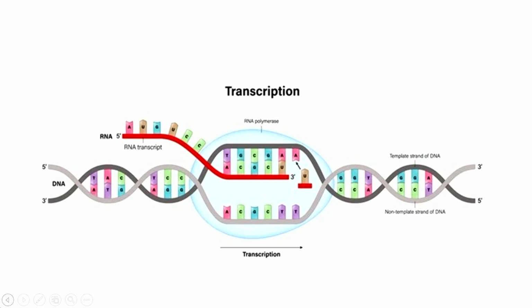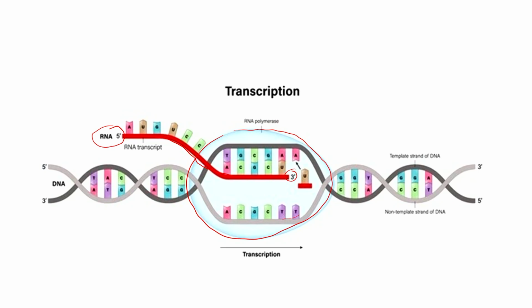This is once again to show you the same thing: this is the DNA that is opened, and this is the RNA polymerase that is synthesizing the RNA, and this is the new RNA that is formed. So, this is the 5' side of the nascent RNA, and this is the 3' side, which is the site where the new bases are being added.